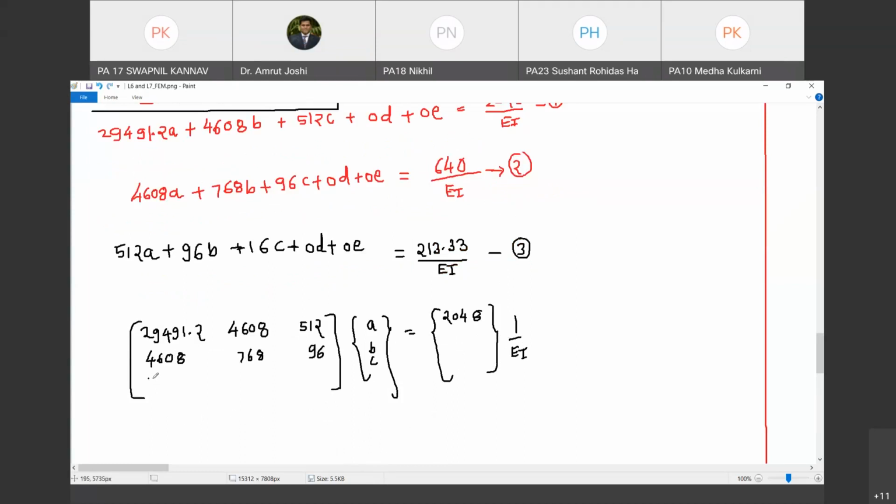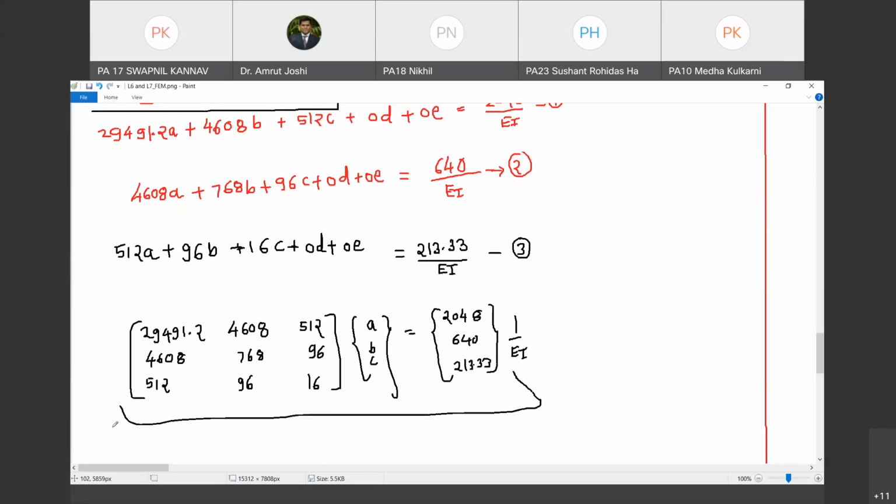From the third equation, I get it as 512, 96 and 60. Do you agree with me? This is 640 and this is 213.33. Mind you, when I multiply this by inverse of this, A, B, C are going to be in terms of some constant by EI. So forget about this EI, keep this EI aside, solve this system of equation up to this in calculator.